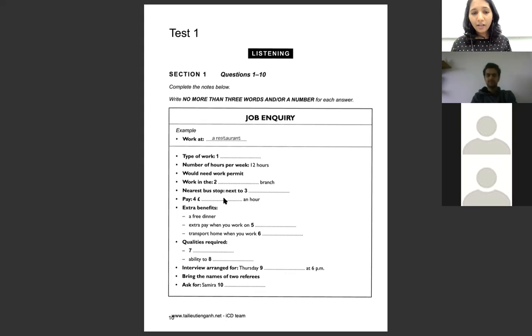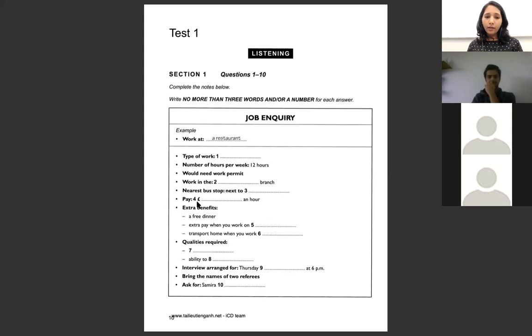The third blank: nearest bus stop next to dash. What do you think this answer would be? Next to, again, a location, like a shop or market. Yes, so it's a landmark, right? Next to a tree, next to a shop. So we're looking for a landmark here.